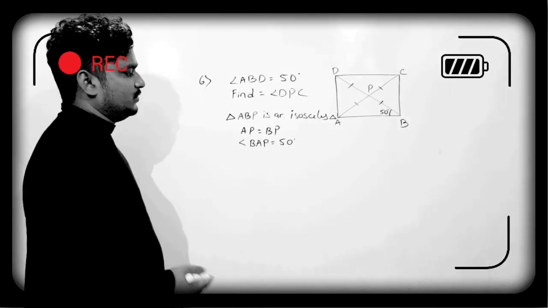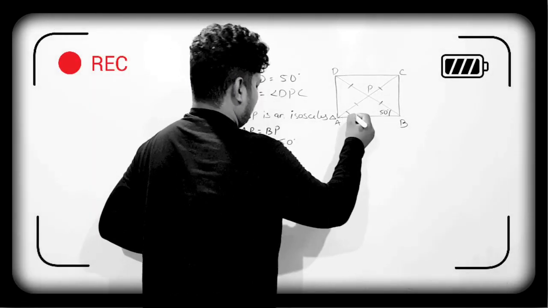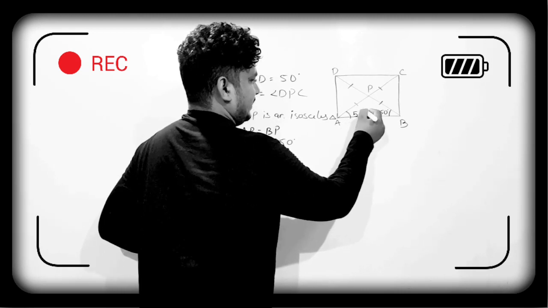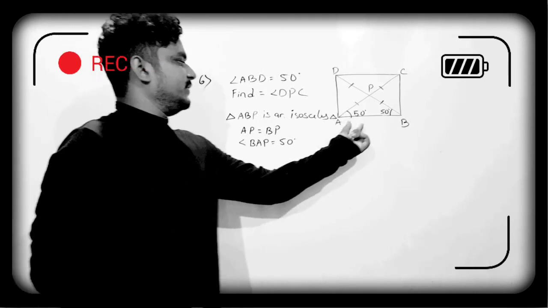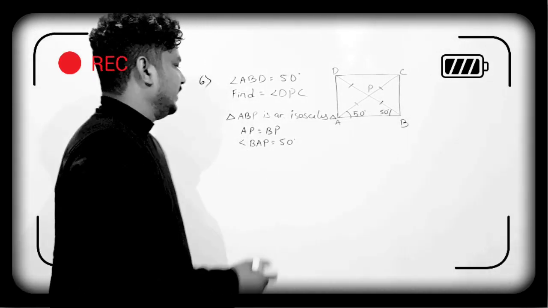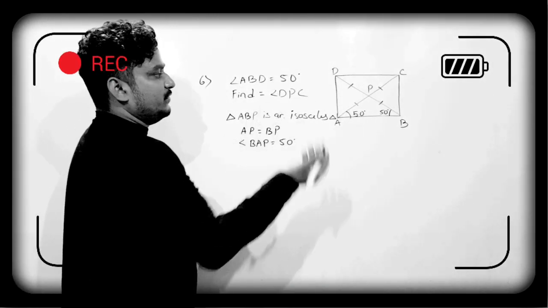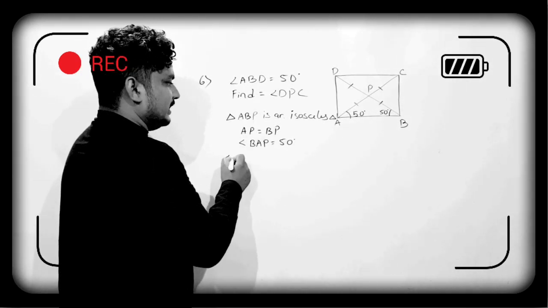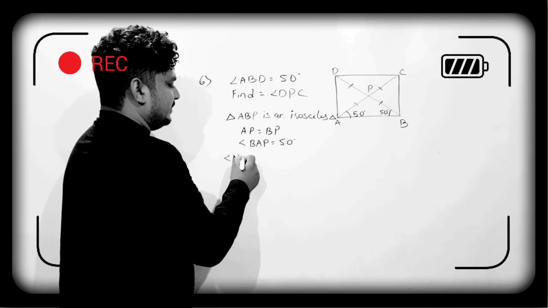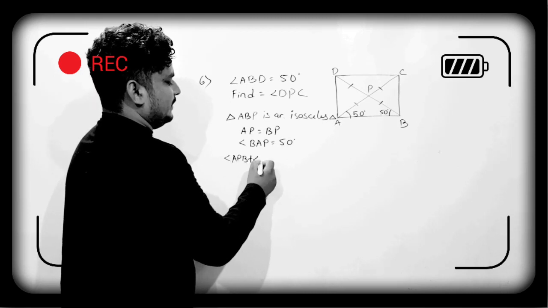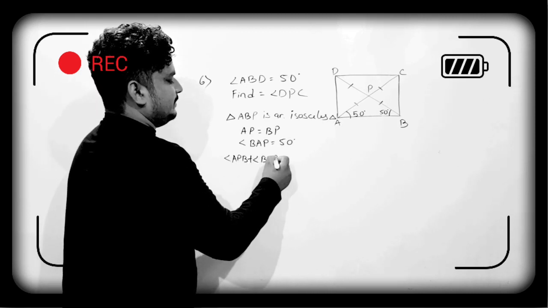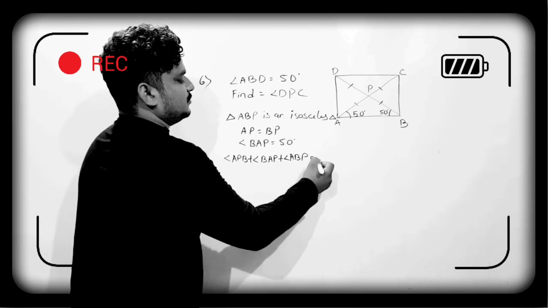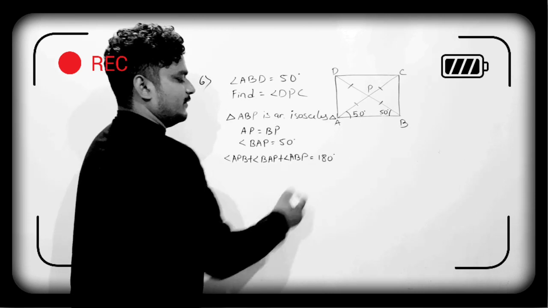Fine with this? So in this triangle we have this angle equal to 50 degrees and this angle is 50 degrees. Now in this triangle we will apply the angle sum property of a triangle. So angle APB plus angle BAP plus angle ABP equals 180 degrees.